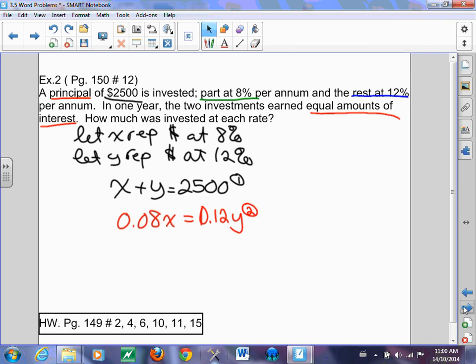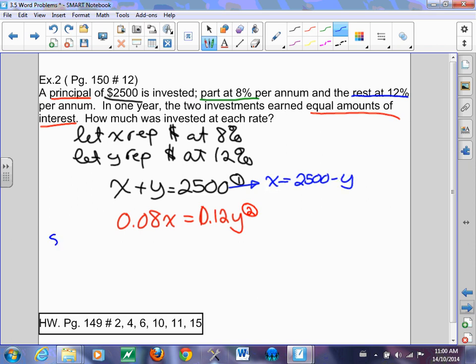All right, looks like we're doing a substitution here, folks. Okay, so I'm going to rearrange this so I get the x by itself, so it's going to be x equals 2,500 minus y. And I'm going to sub x equals 2,500, subtract y into 2.